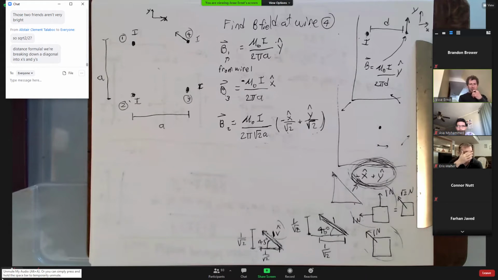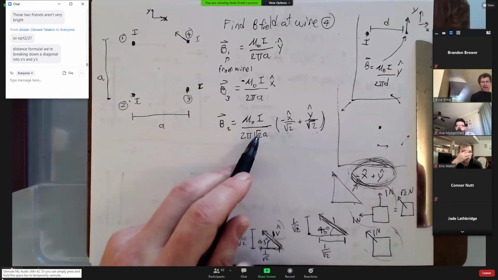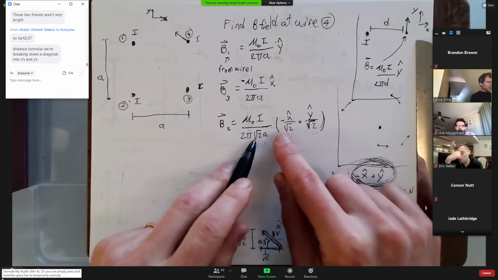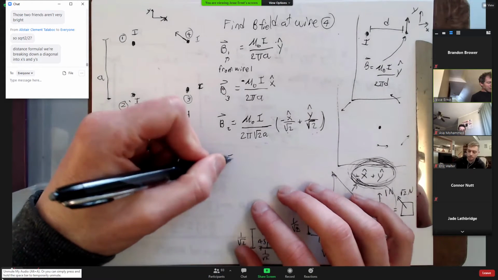Yes, Alistair. So whoever was unmuting and asking about the half, does that make sense? Yes, it does. Okay, good. So as Eric pointed out, we could just pull out this root 2, and let's just do that to simplify things.